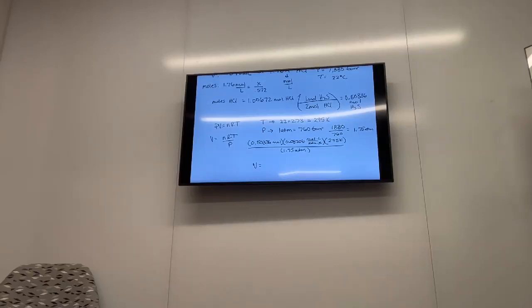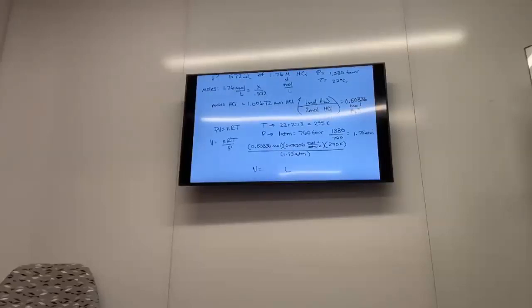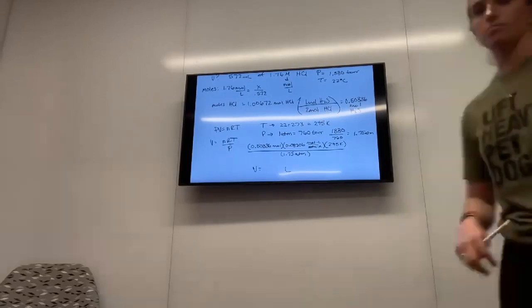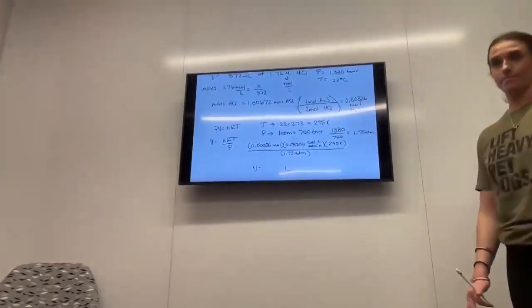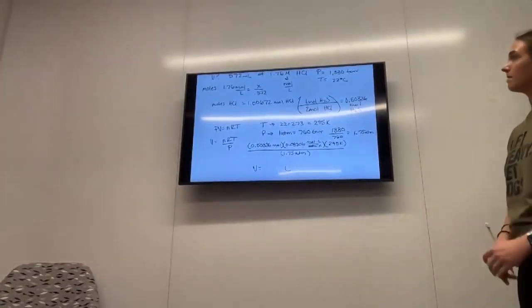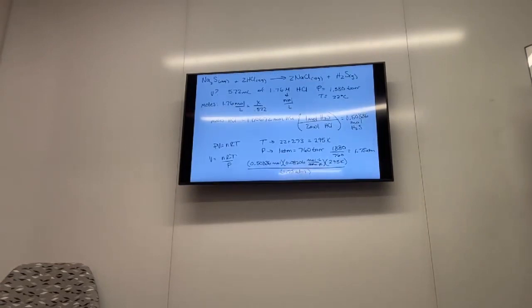Okay, and this is in liters. I believe the question was asking for it in liters, so we could put this. Essentially for this one, you're just finding the moles of the hydrogen sulfide originally, and then plugging that into the ideal gas law. Yep. It's like a limiting reactant question, right?